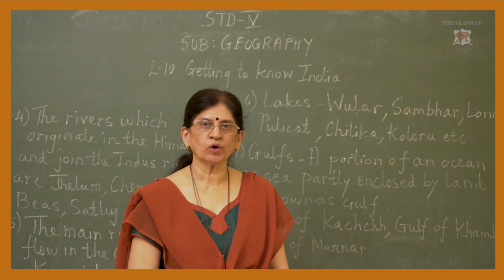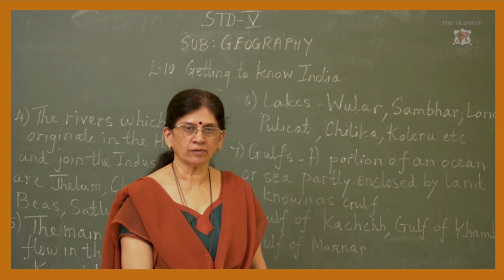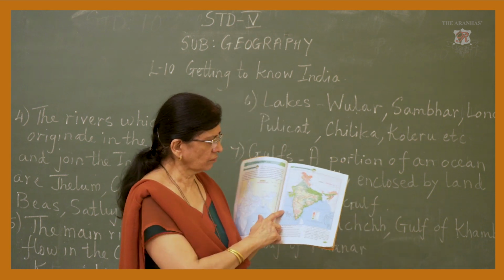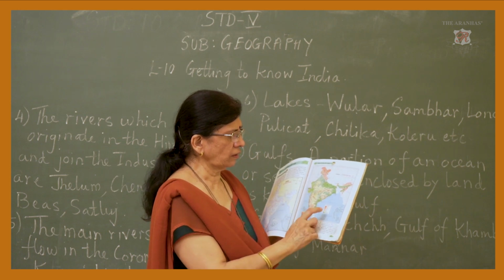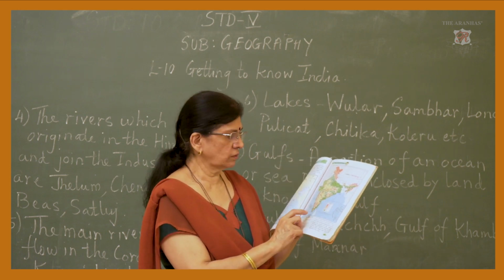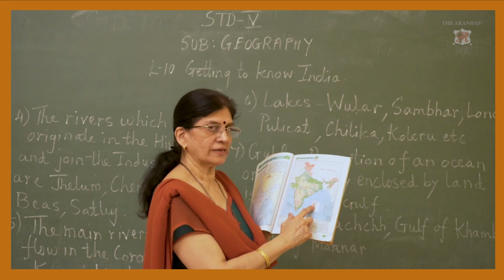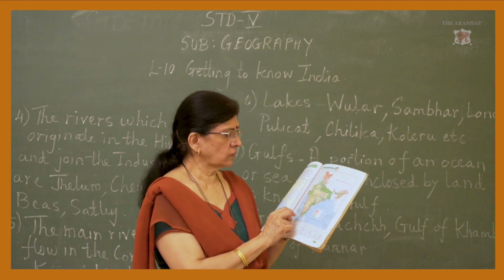Now which are the water bodies on the three sides of India? Here you can see clearly this is the peninsula. The Arabian Sea is in the west, the Bay of Bengal in the east, and below we have the Indian Ocean.